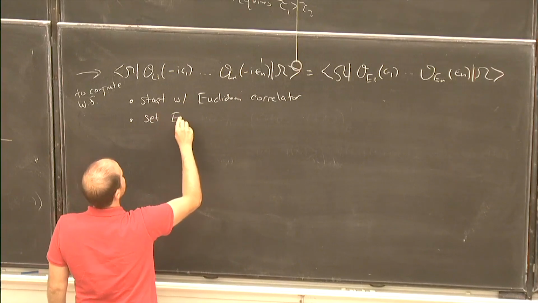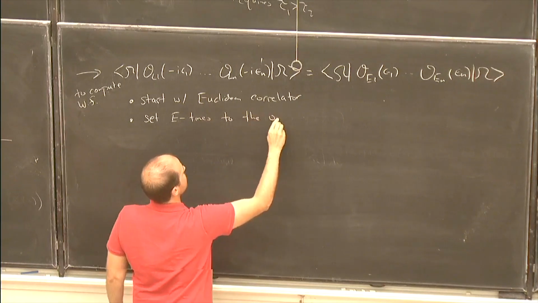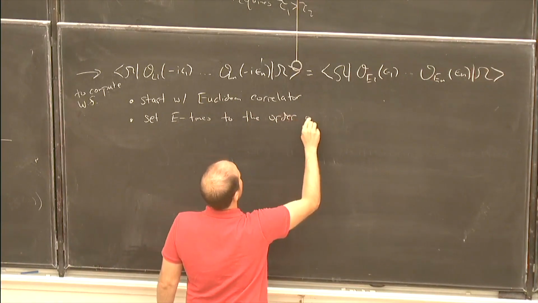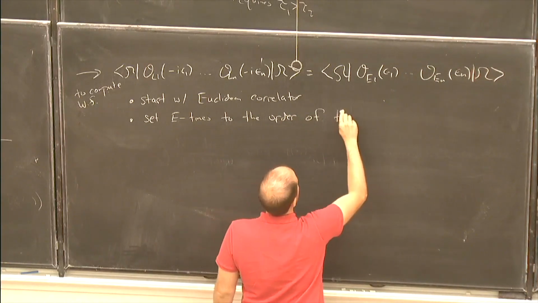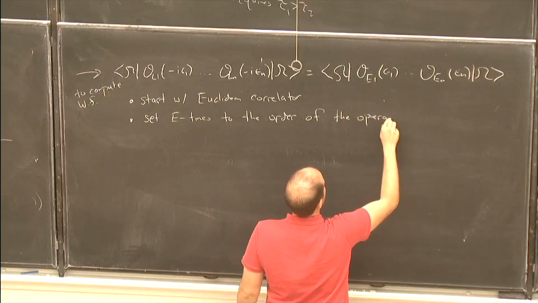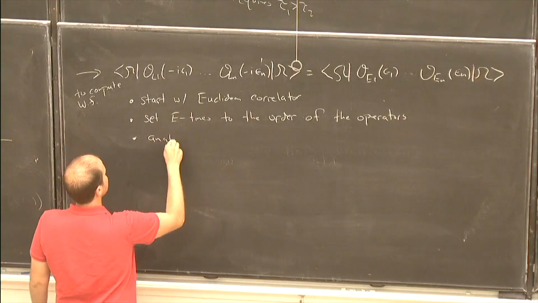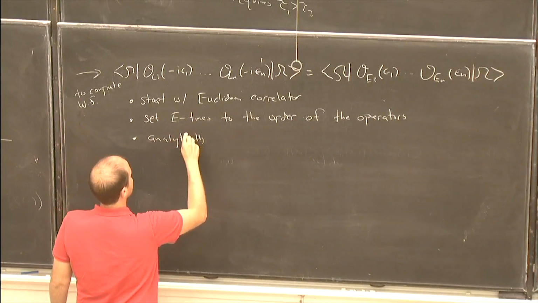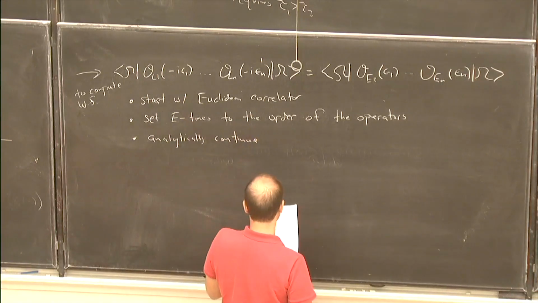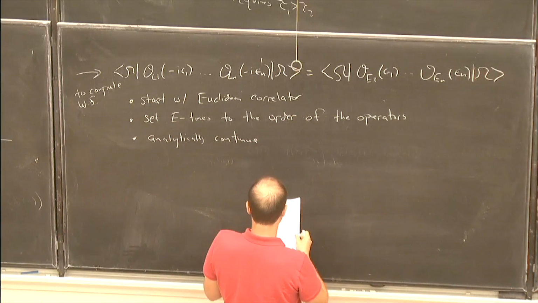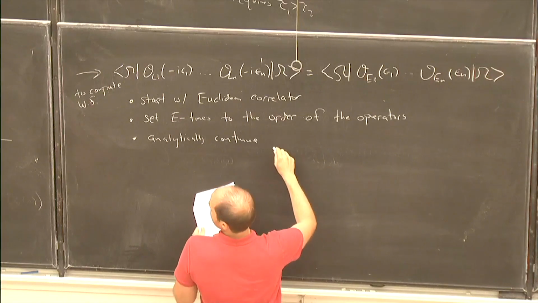Set the Euclidean times to the same order as the operators you want. Then analytically continue. I guess we could say analytically continue the Euclidean times in the complex direction.